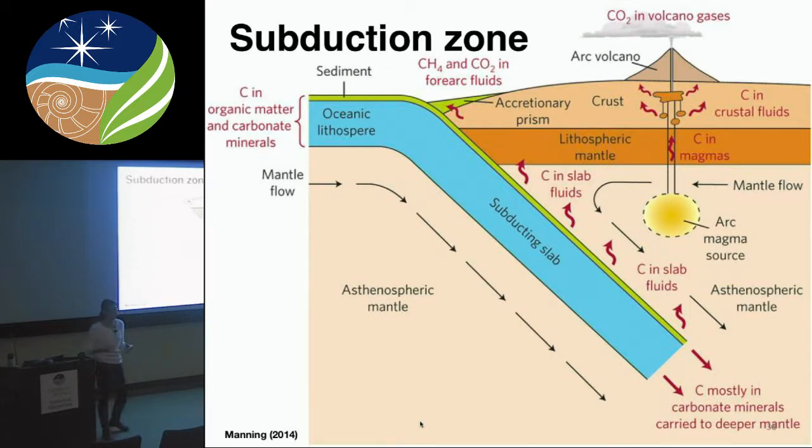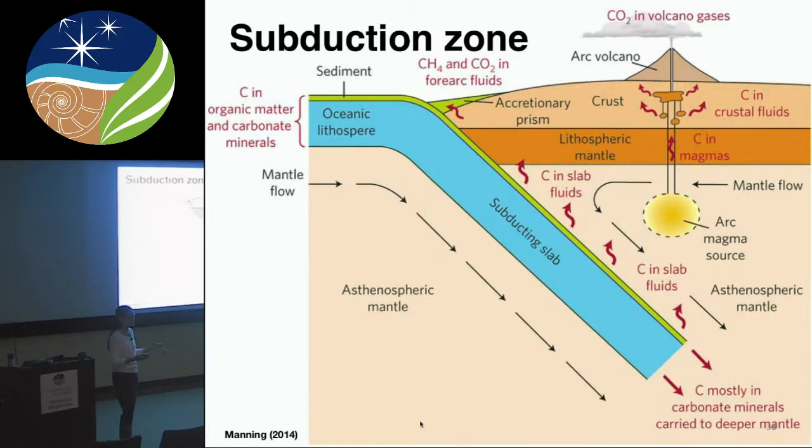Starting off with mid-oceanic ridges is nice because it's a simpler system. But when it comes to a place like subduction zones, where you have natural hazards like earthquakes and volcanoes, it's very important to understand how these volatiles work, because those volatiles can potentially affect the amount of earthquakes.